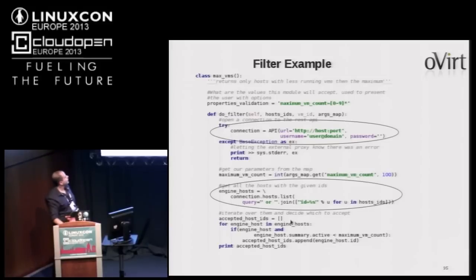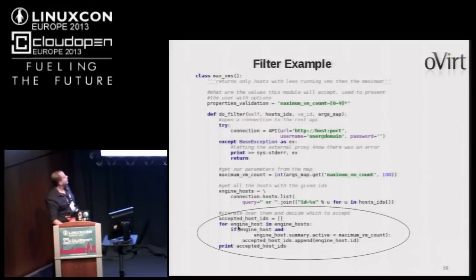And then I'm going over the hosts one by one, and I'm checking whether the number of active VMs on the host is smaller than the maximum. If it is, then I can use these hosts in order to run the VM. If it's not, then I can't. So this function basically filters out hosts that have more than 100 VMs in this case.